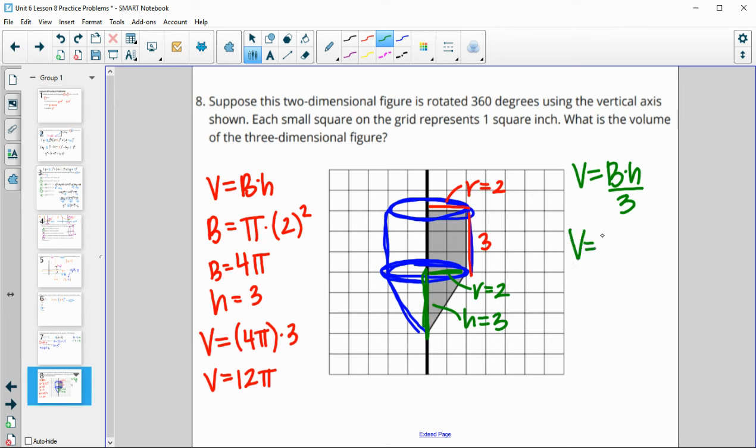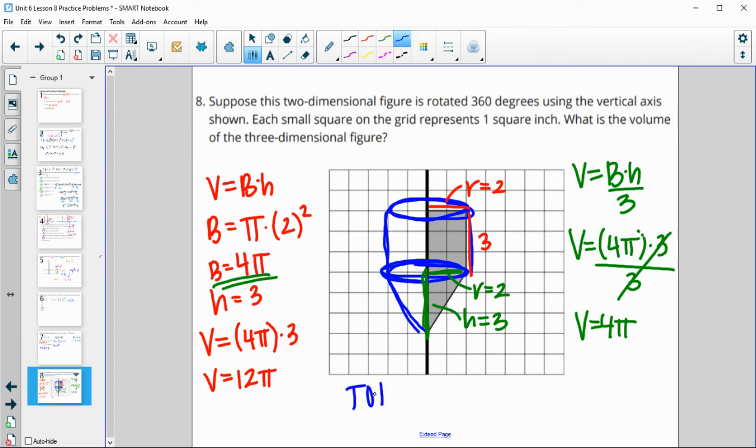So we already know the base area here is 4 pi, we also know the height is 3, and then we're going to divide by 3. Oh, wait, hold on, I lied about that. The base area is 4 pi. Sorry, base area here is 4 pi. Okay, so 4 pi times 3 divided by 3, so those 3's are going to cancel. So the volume of that cone is 4 pi.